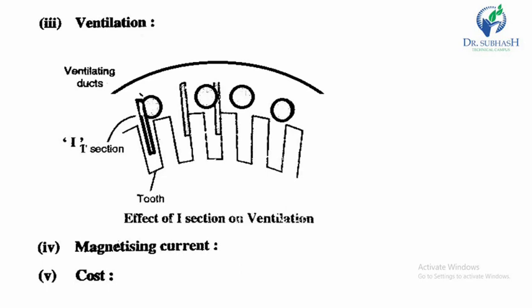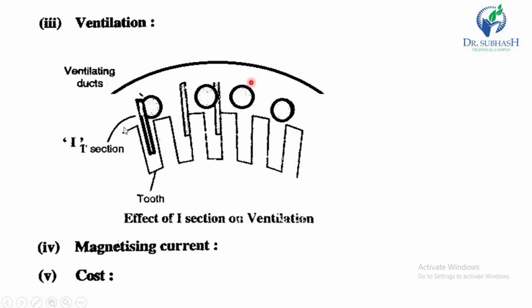So many times they are required to be supported by an I section or a T section, which you see in the figure, which gives obstruction to the flow of air through the ventilating duct, thereby affecting the ventilation of the machine. So making a large number of slots may affect ventilation of the machine.